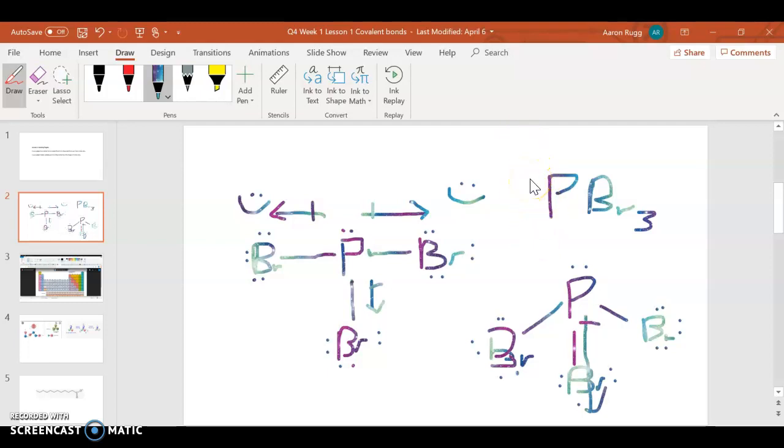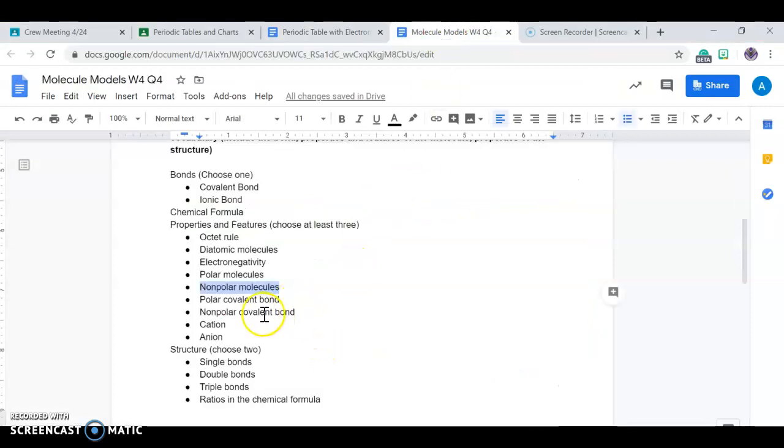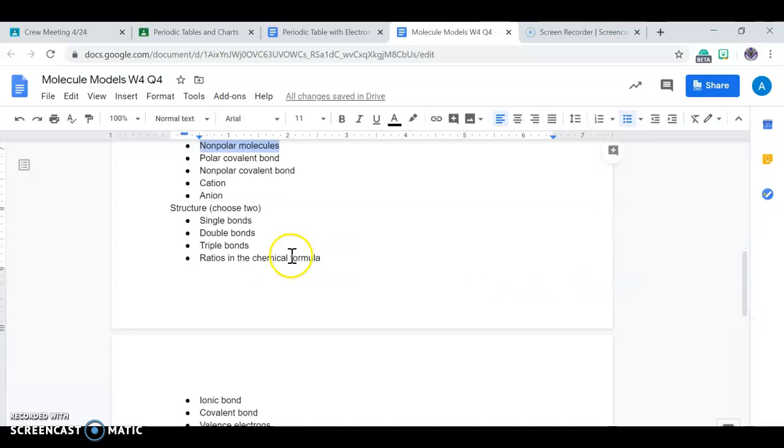So remember, that would be additional information if you picked this guy, right? You could talk about these. Is it a diatomic molecule? Di means 2, so no, because it's 3. You could talk about the fact that it's not a diatomic molecule and why. I'd be fine with that. Now you can talk about the bonds themselves.